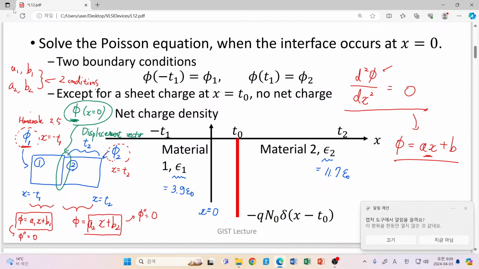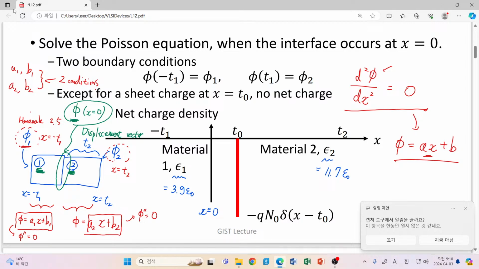So your displacement vector calculated in the first region, material 1, and the displacement calculated in the second material, material 2, should be the same, because this is the boundary condition applied at the material interface between material 1 and material 2.